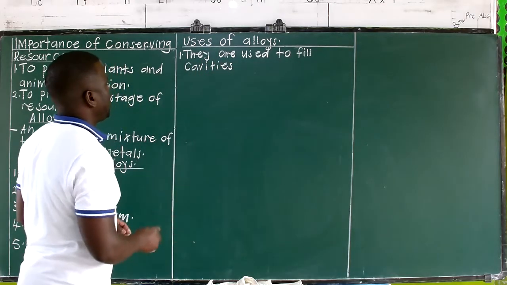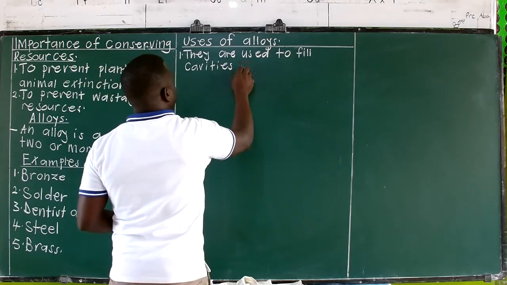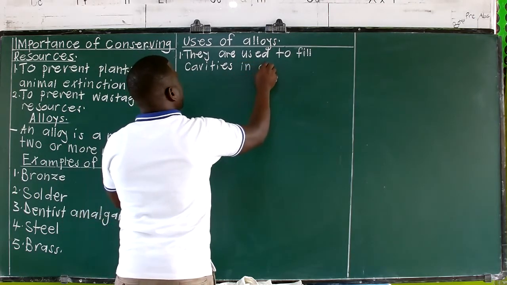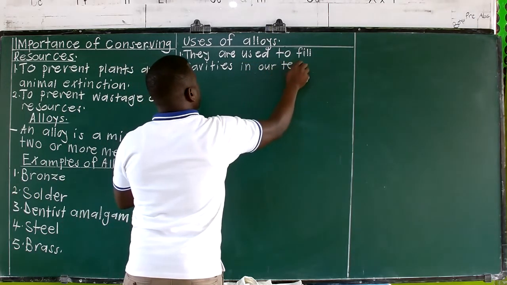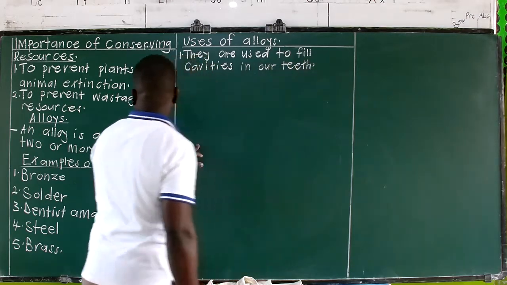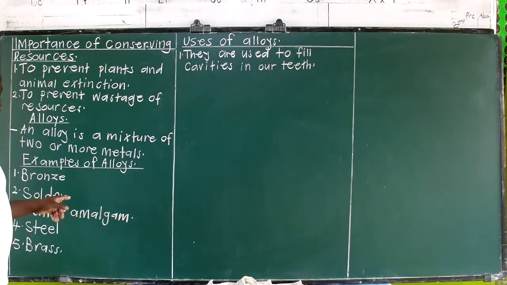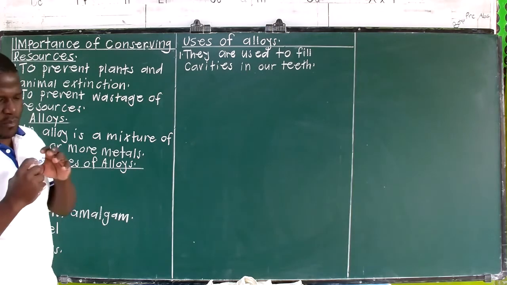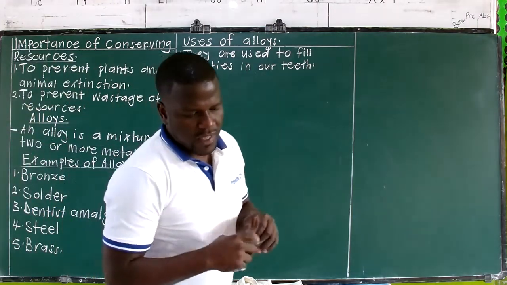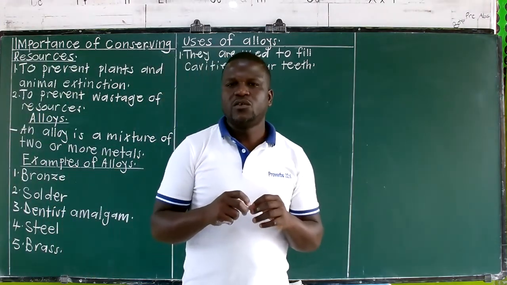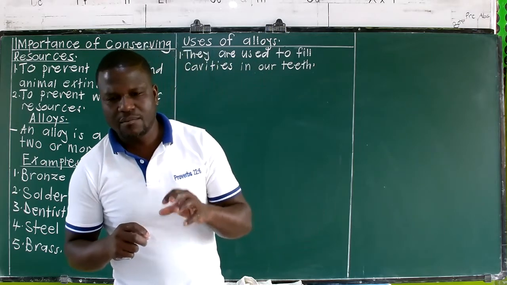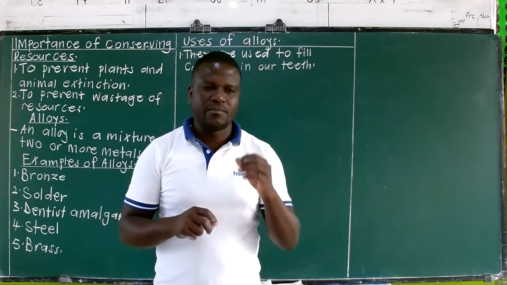They are used to fill cavities in our teeth. Now, cavities are holes. If you develop a hole in your tooth, that hole can be filled using dentist amalgam. Most people say cementing.